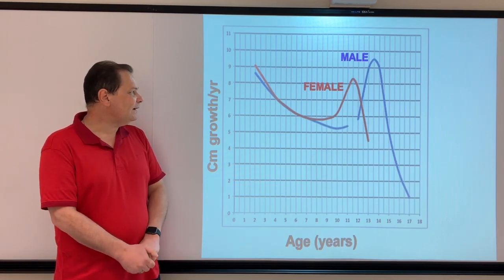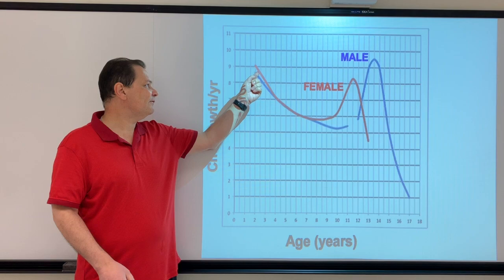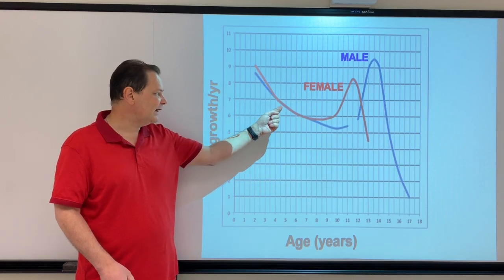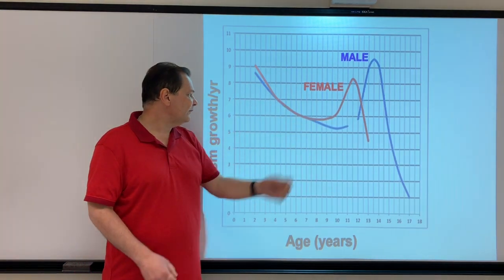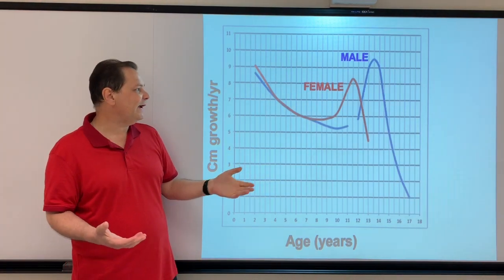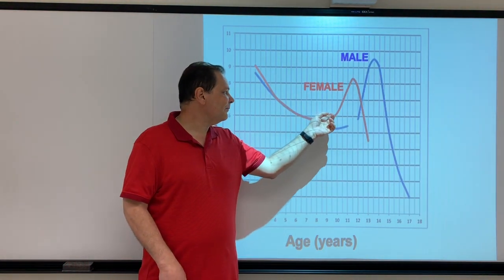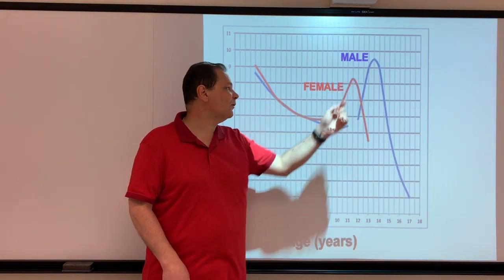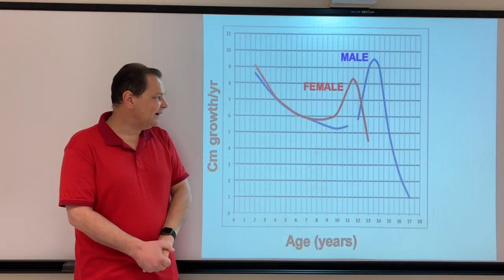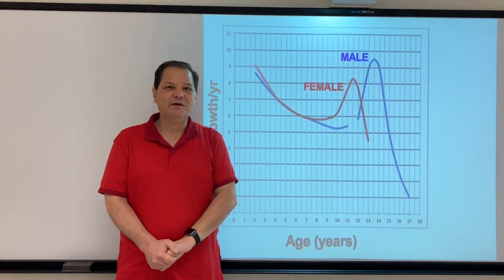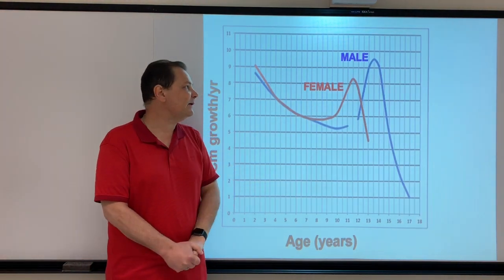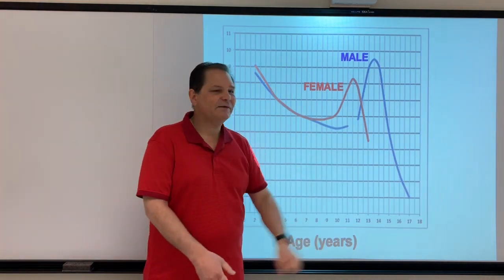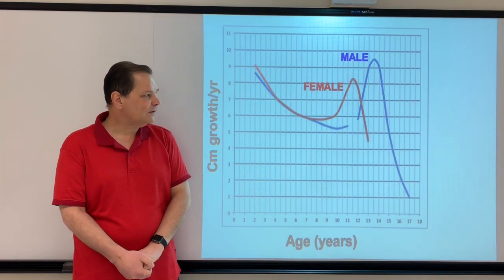And you can see you have a fairly large rate of growth as a child, but it gradually declines as you get older and older, but you're still growing at a given rate. And then both the male and the female hit what's called a growth spurt, where that rate of growth shoots up, and that growth spurt is associated with puberty. And that peaks and then declines as you enter adulthood, okay?